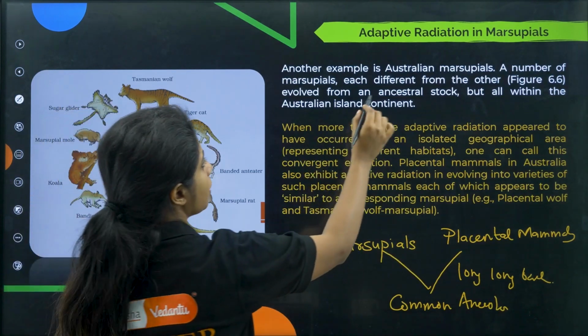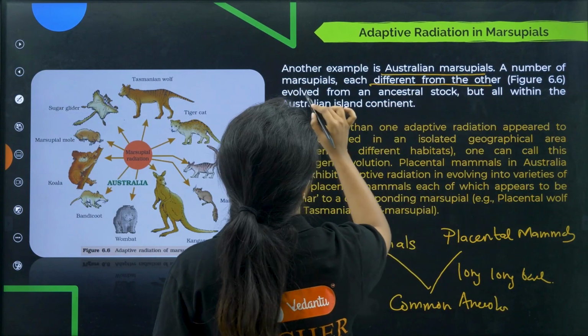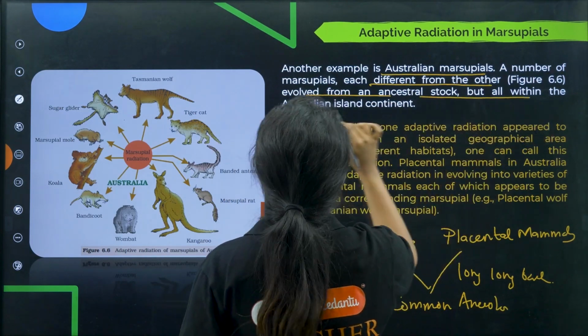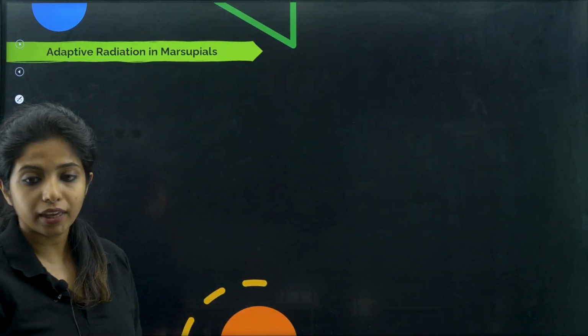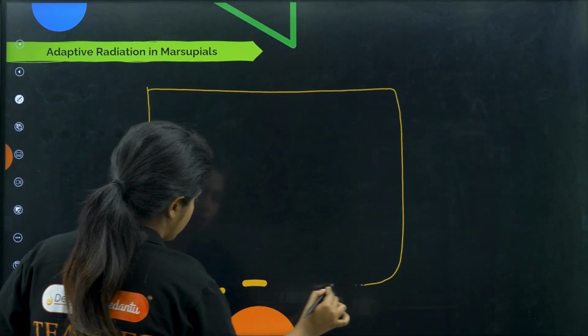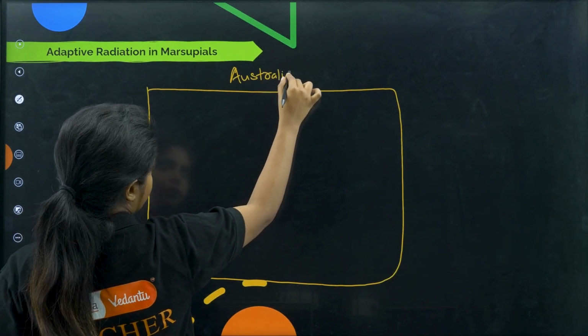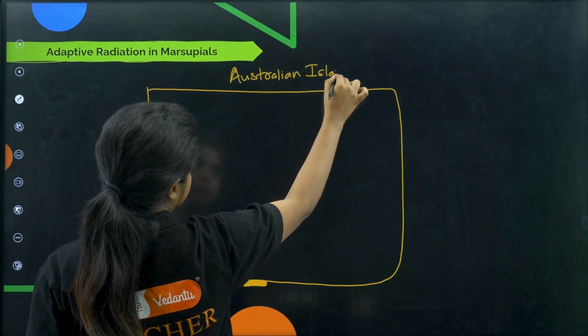Another example is Australian marsupials. A number of marsupials, each different from the other, evolved from an ancestral stock, but all within the Australian island continent. So again, instead of Galapagos Island, we have another island, that is the Australian island. It's in Australia. What do we have, children?